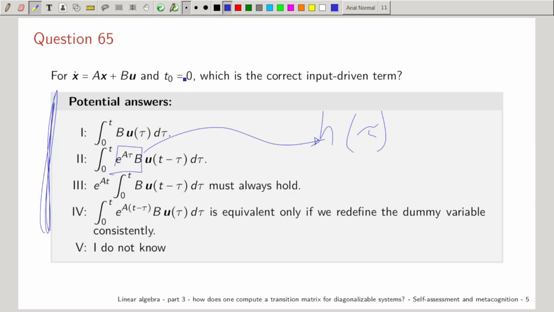Because if I was having this one, we would have to consider this one starting at t minus 10. No. It's from t0 to t. Otherwise, it would be t0. Think of the convolution.